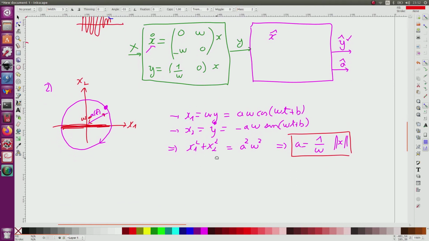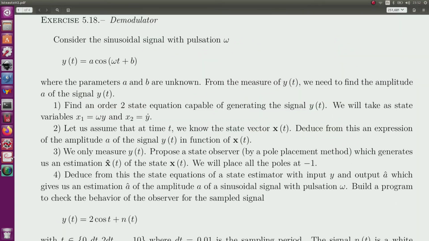Okay. Now, we assume that we measure y and we have to find the state observer that would generate x hat. All poles will be placed in -1, and I will use a Luenberger observer.